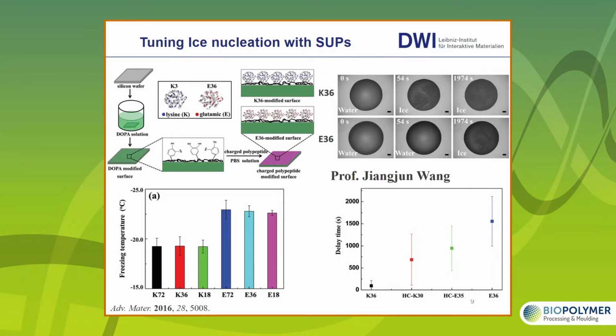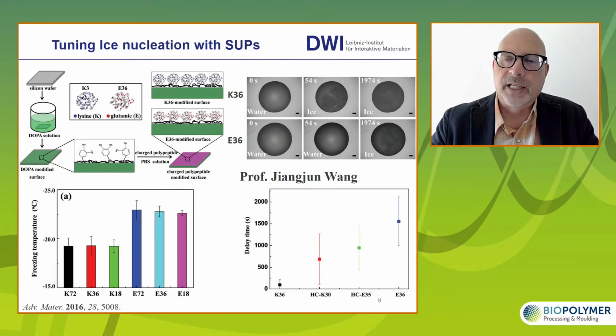And what you can see in the channel on the right hand side at the bottom, you see that by varying the nature of charge and varying the charge density, we have very good control over the freezing temperature of water on a surface. And that can be, for example, very interesting for biocompatible anti-icing coating.